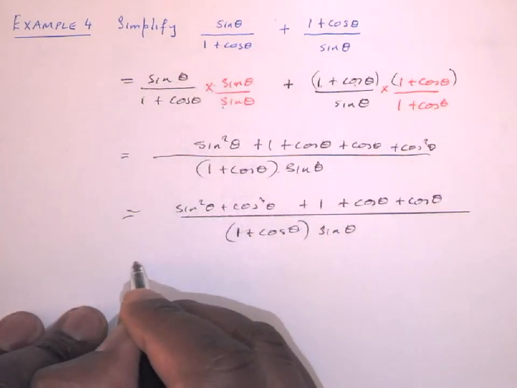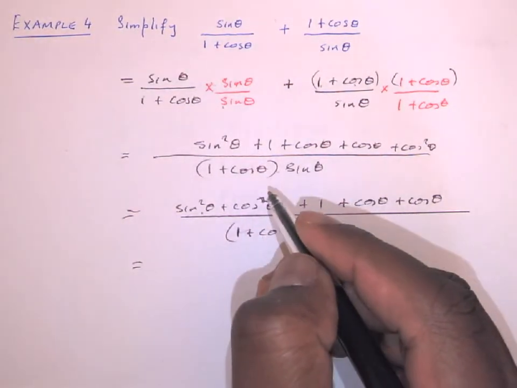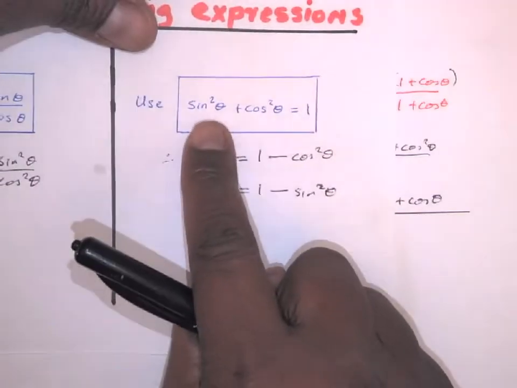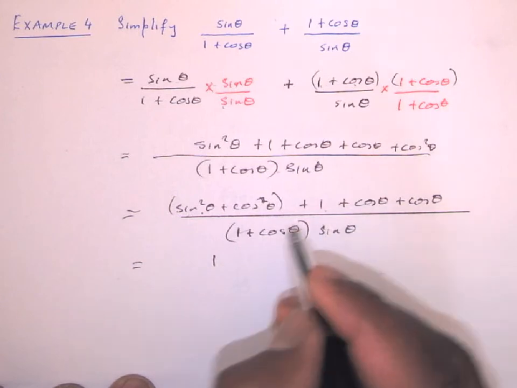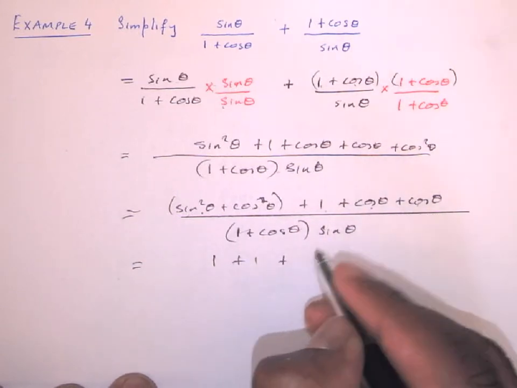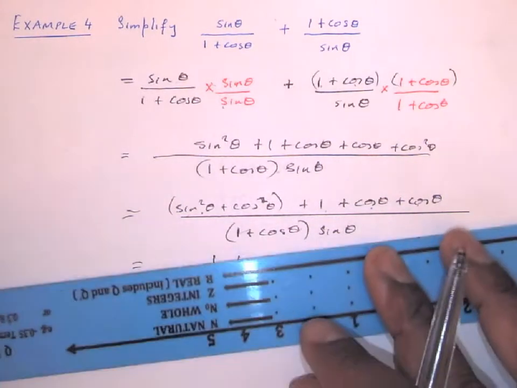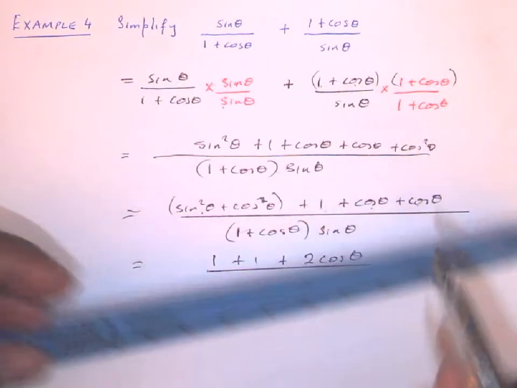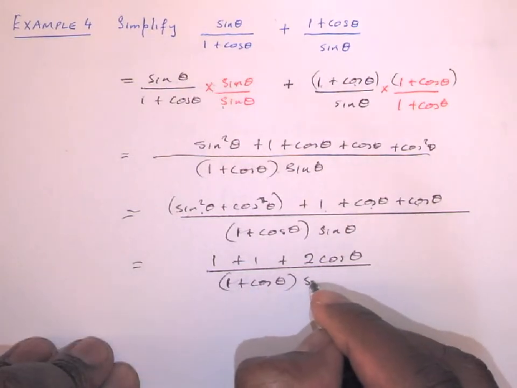On top you can see the like terms. Sine squared theta plus cos squared theta is just 1, so I can replace this with a 1. So this is 1, then plus 1, and this like term cos theta plus cos theta is 2 cos of theta. This is being divided by 1 plus cos of theta times sine of theta.